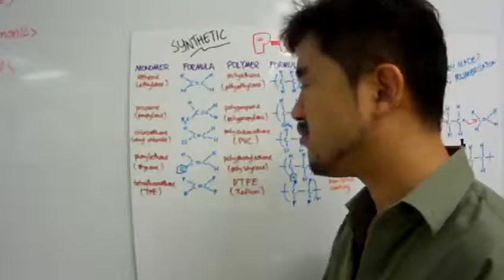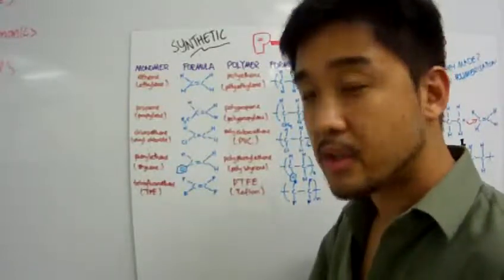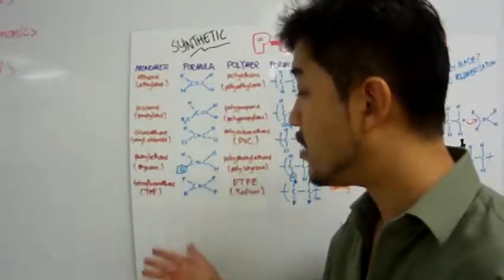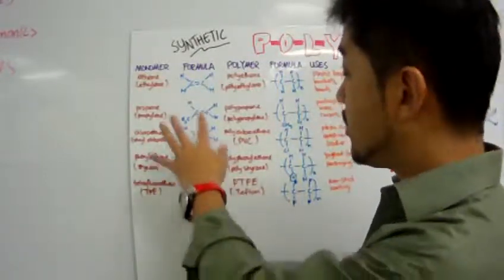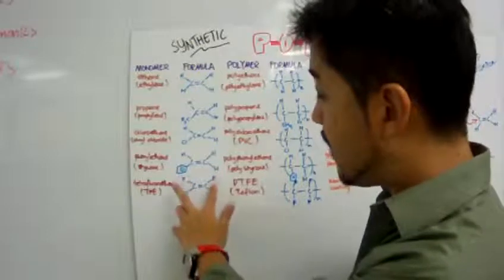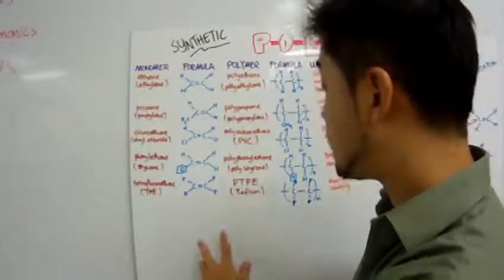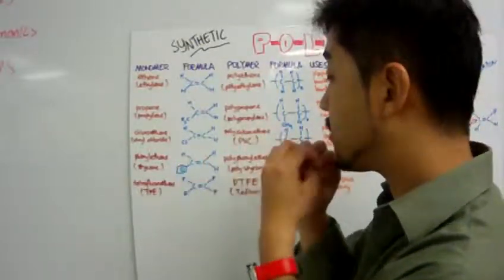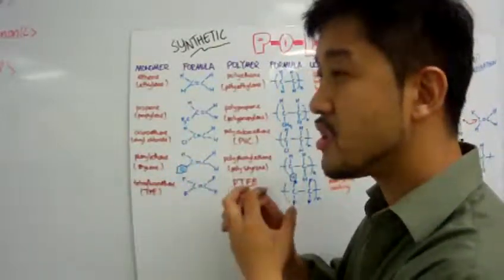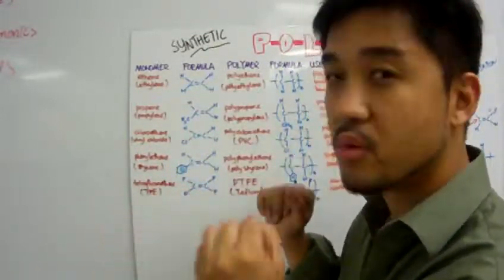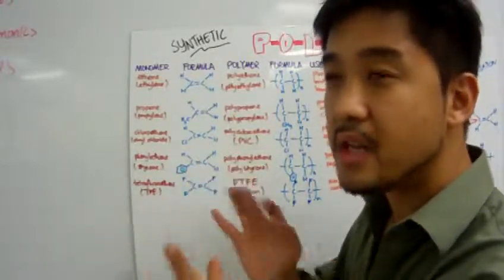And the last class of polymers I'm going to talk about is tetrafluoroethene, or TFE. TFE is where all the hydrogens have been substituted by fluorines. And because fluorine is so electronegative, when it's attached to this long polymer chain, it will be totally unreactive to anything.